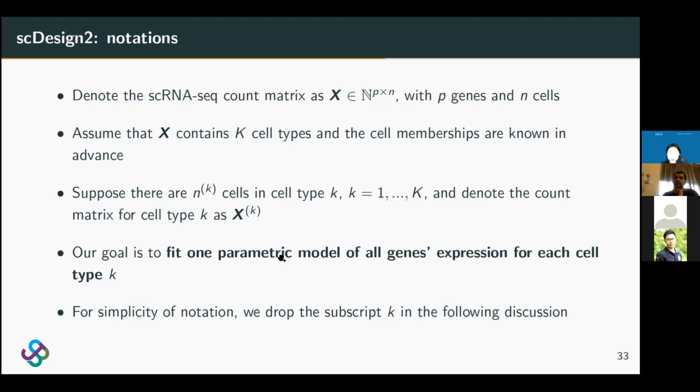Our goal is to fit a parametric model for all genes' expression for each cell in cell type K. These are the important genes we want to capture. For the uninformative genes that are constantly off, we just remove them. And for simplicity of notation, from now on we are not going to keep the superscript K, because we are going to focus on one cell type only for the model fitting.